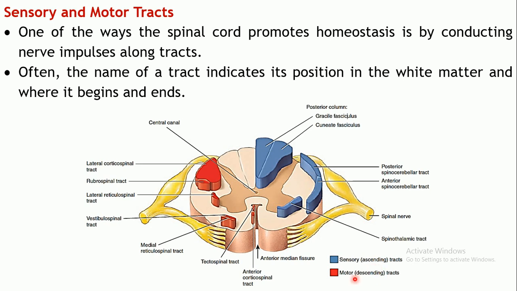Whereas the motor tracts, which are carrying the information away from the brain, these are also called as descending tracts, because they will be carrying the information away from the brain. So these will be descending downwards. So these are named so depending upon the direction in which they are carrying the information. So accordingly, these are marked differentially in this particular picture.